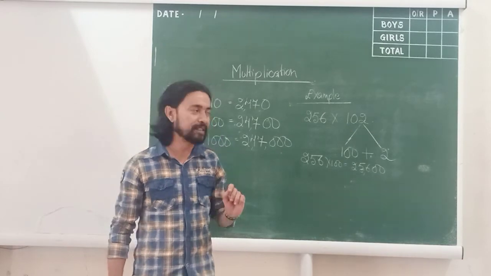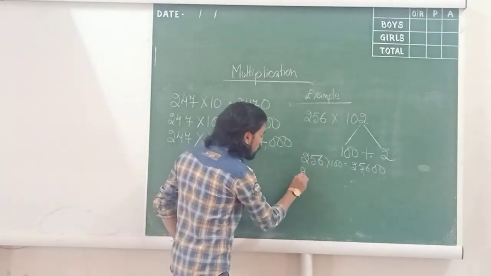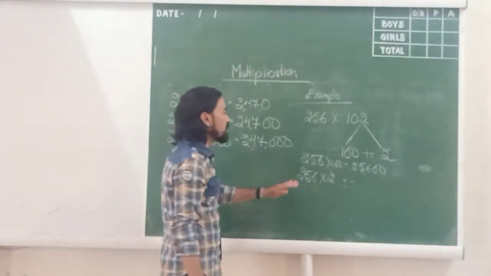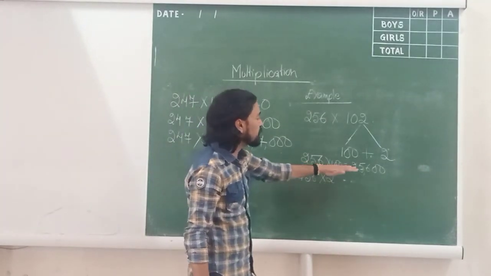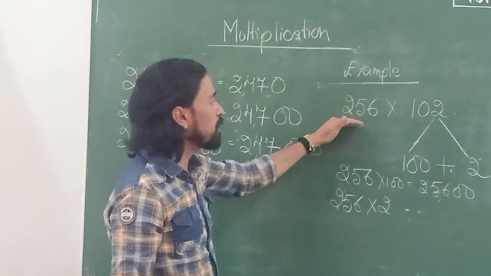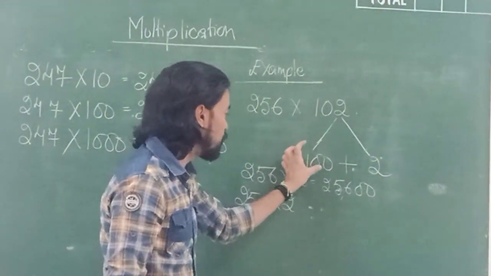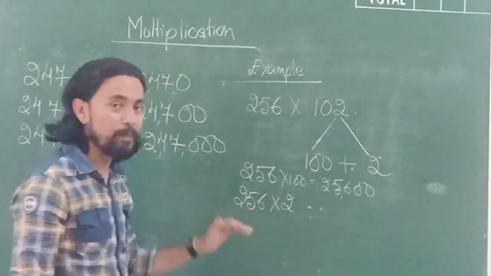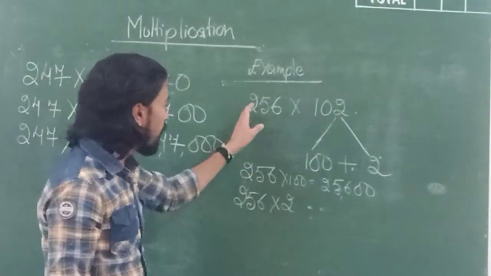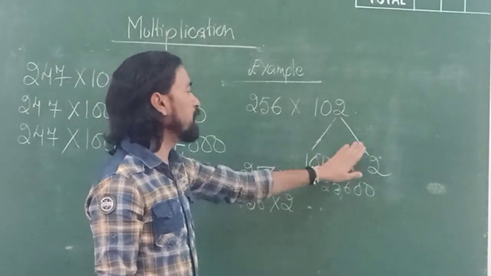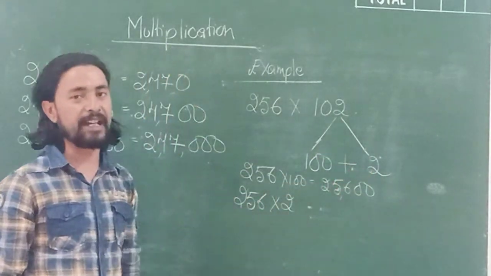You agree with me? So now I take 256 and multiply it by 2, because I have split up 102 into 100 and 2 to make my work easier. I multiplied 256 by 100 fast, and now I only have to multiply it by 2, add, and get my answer.